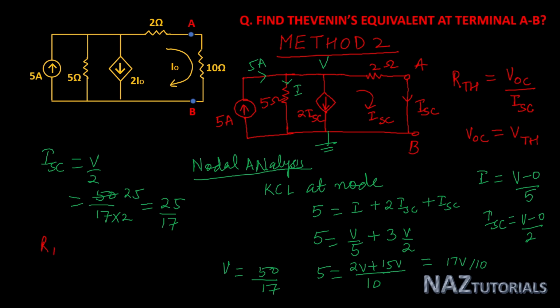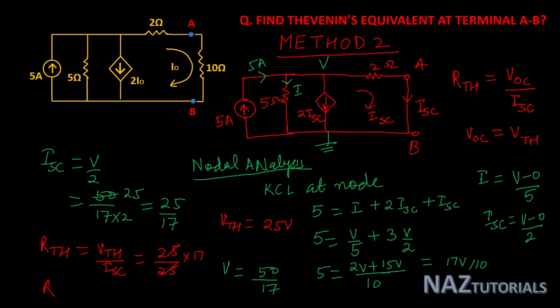The RTH is open circuit voltage divided by short circuit current. As you calculated, our VTH is 25 volt. So the RTH is VTH divided by short circuit current, that is 25 divided by 25 by 17.